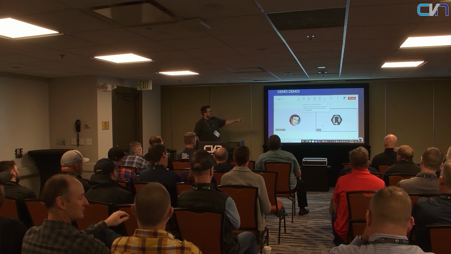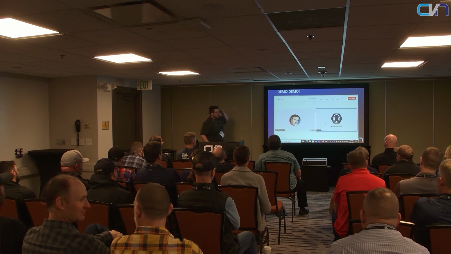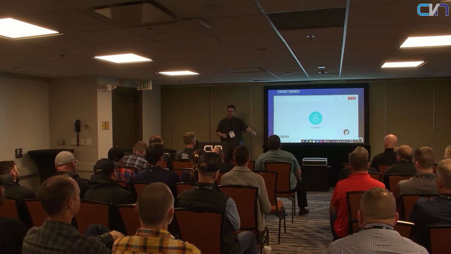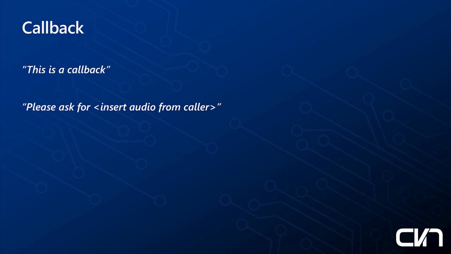And then now it's going to call out to my mobile phone, and then put the call on hold, transfer the call, and then we're all together. So it rings the agent and then out to the user. And then it says to the agent, this is the callback, please ask for, and then it inserts that audio that on the previous one, it said, who should we ask for?